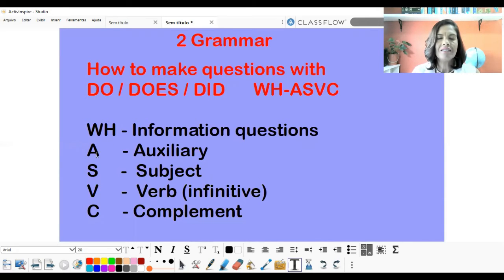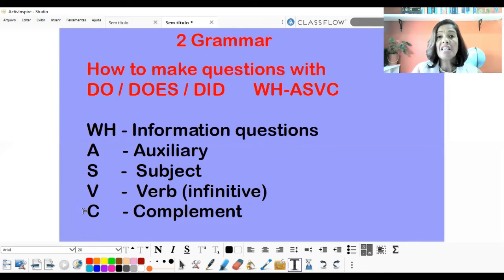And then you're going to use the auxiliary. A for auxiliary. After the auxiliary, the subject. S for subject. O sujeito, okay? V for the verb. Remembering that this verb is always in the infinitive.